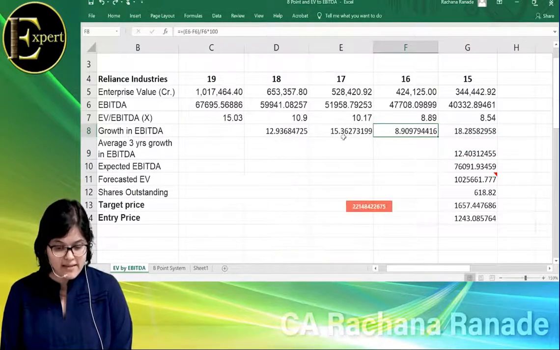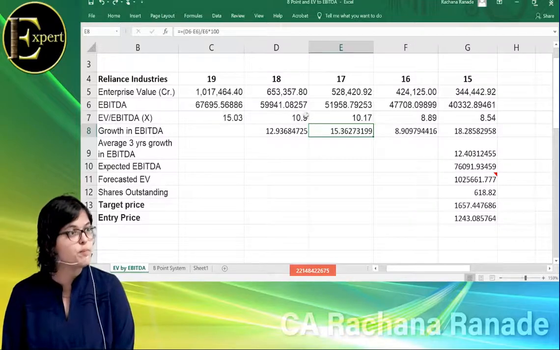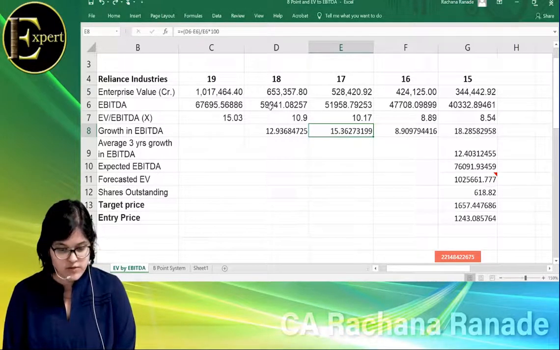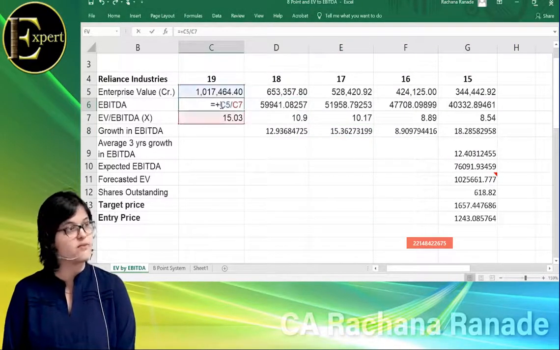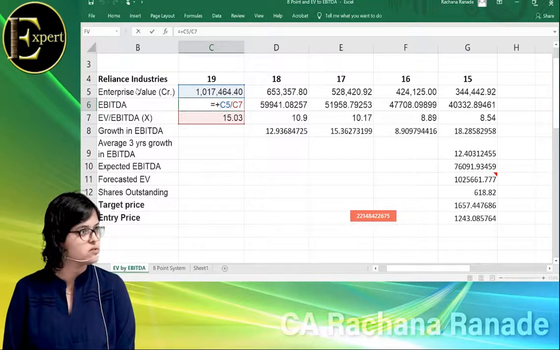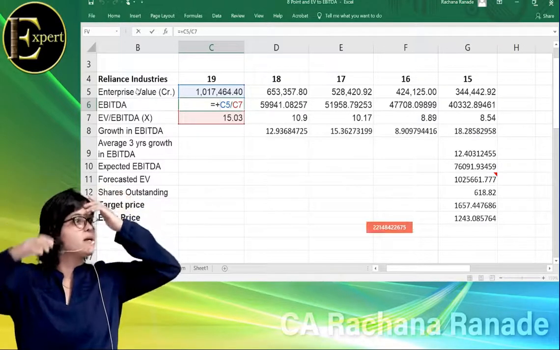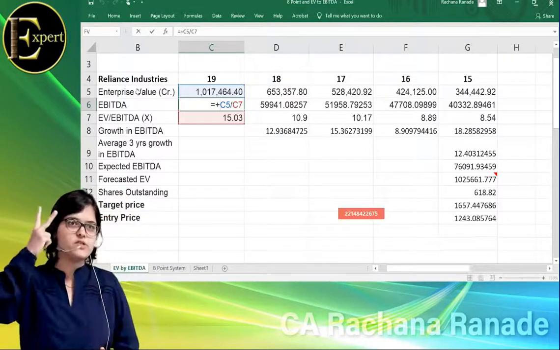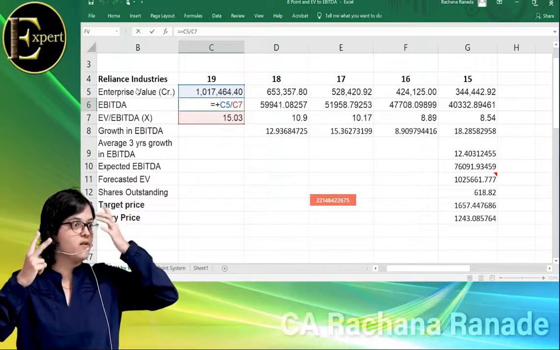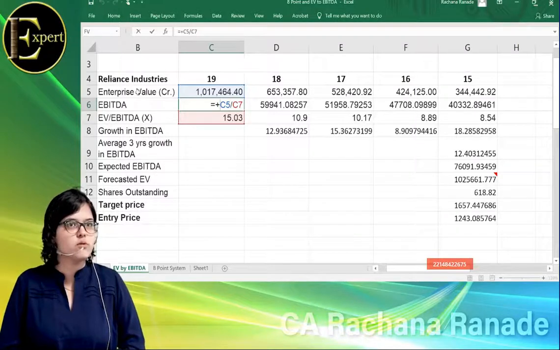I'll tell you why this growth of 15, 12. See, I know that the overall growth percentage decreased, but here if you check, from 59,000 it has gone to 67,000 also, no? And this is only Reliance Industries. Now, if you check Reliance Group Consolidated, we have two major companies in it which might do very well in the near future. And which two?